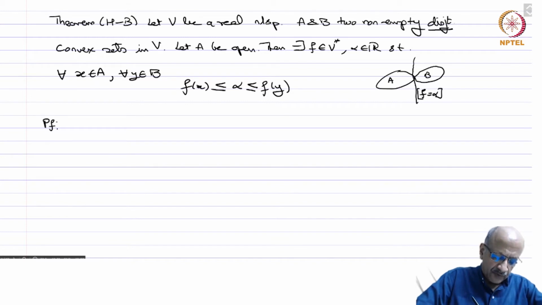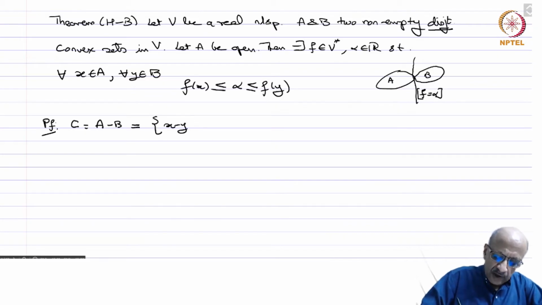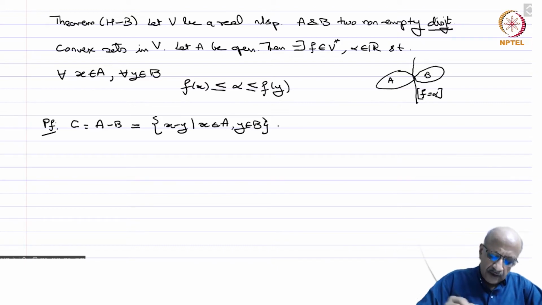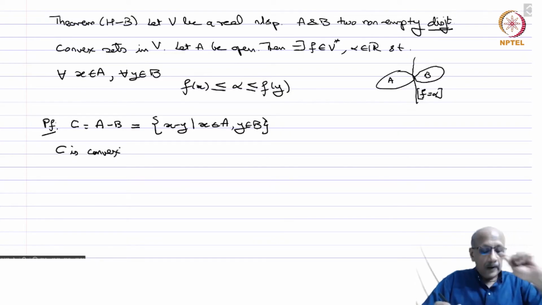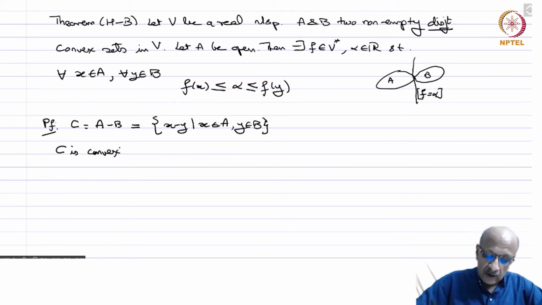Okay, so proof. You take C equals A minus B. So what is this? This is the algebraic difference, as I said. This is the set of all x minus y, x in A and y in B. It is immediate to see that C is convex. It's no trouble at all. Take any two points, then take a convex combination.